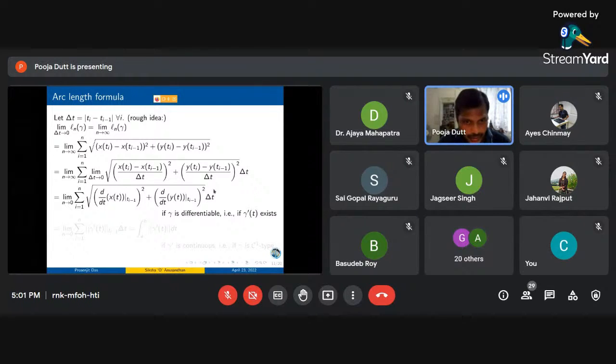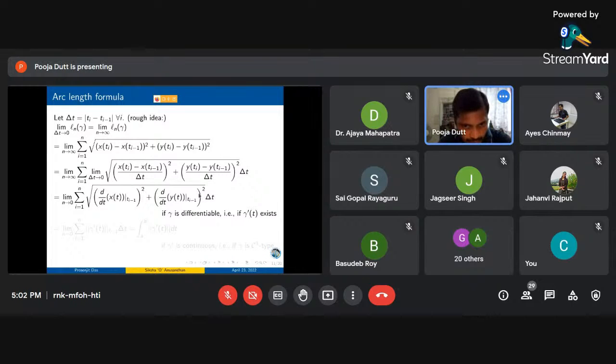But once we have this, one can check this is nothing but the Riemann sum, and a Riemann sum is finite if the function is Riemann integrable. We know that if the function is continuous, then it is Riemann integrable.